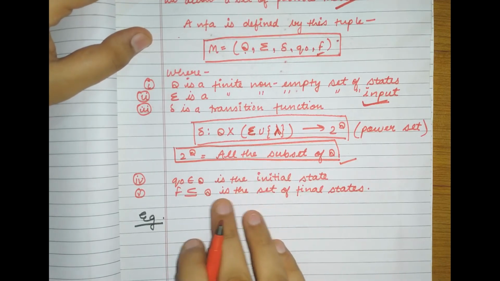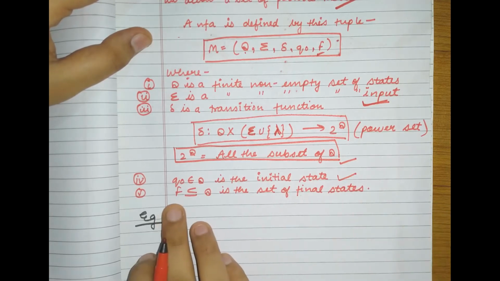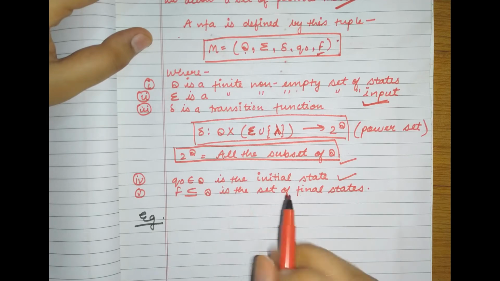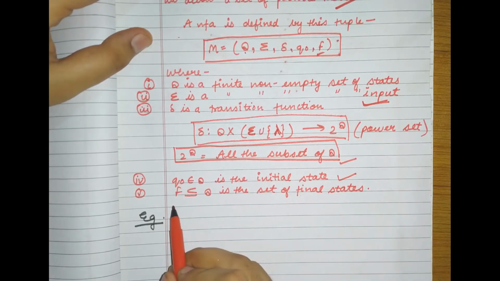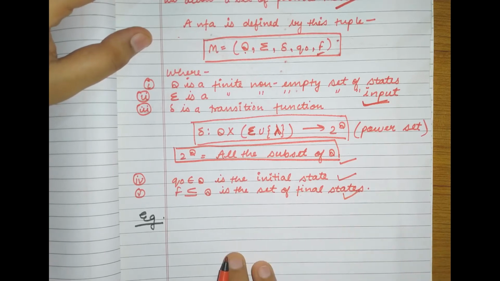Q naught belongs to Q, which is our initial state, and F is a subset of Q, which is our final state.